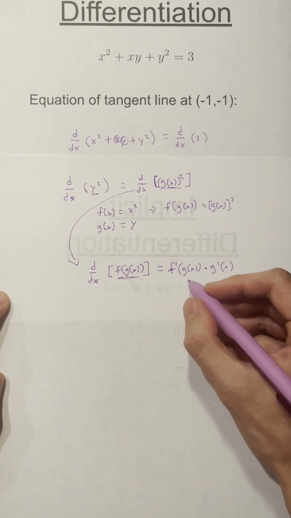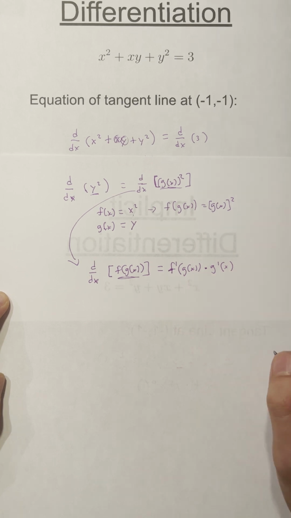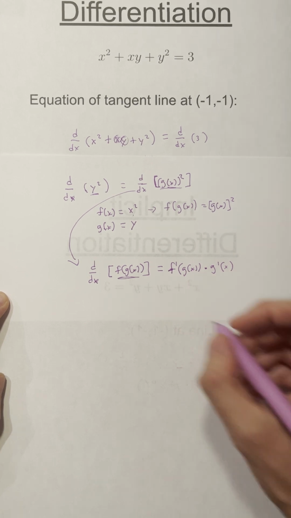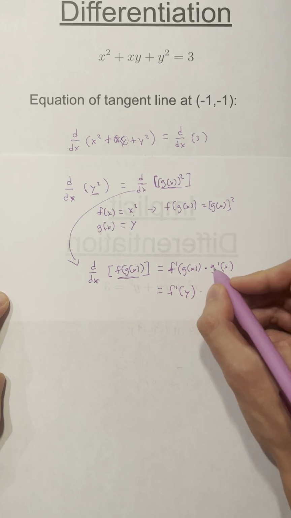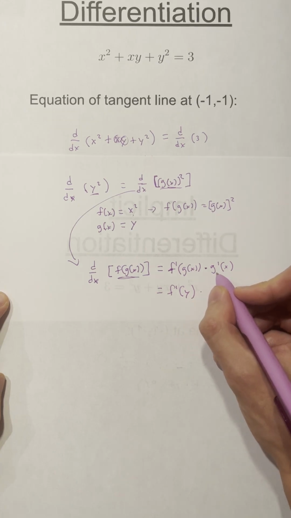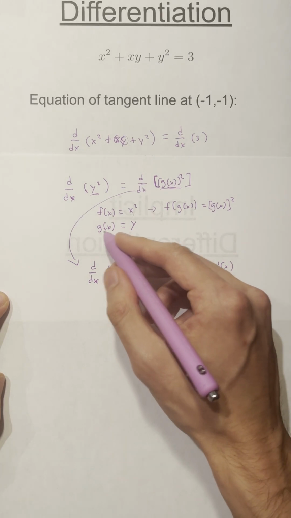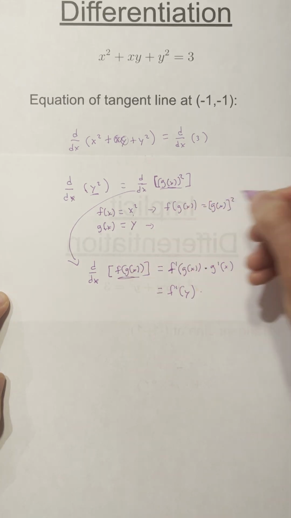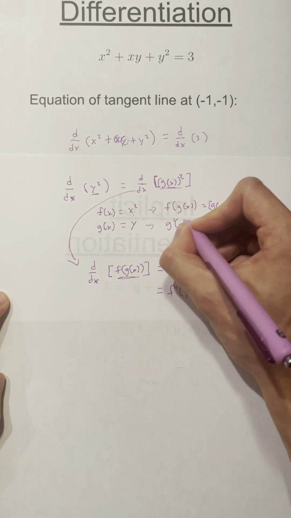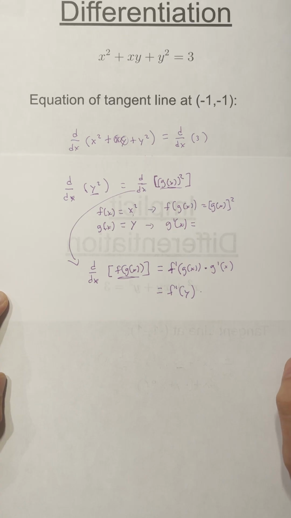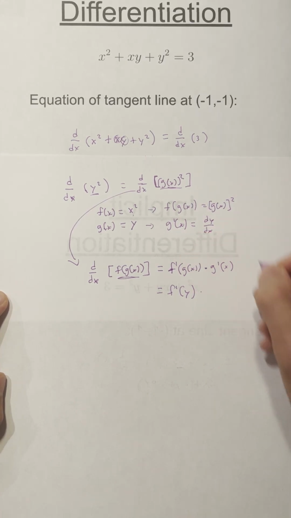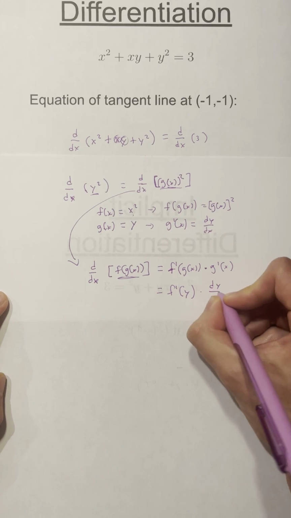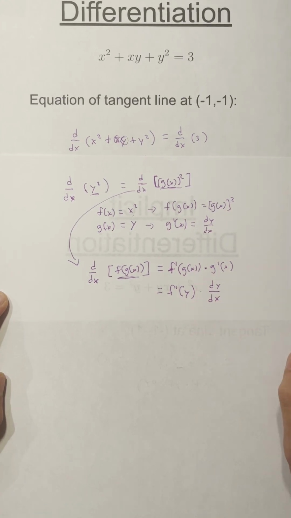Okay, so what's g of x equal to again? Okay, and then g prime of x is, okay, so if g of x is equal to y, what's g prime of x? dy dx. What's f prime of y?